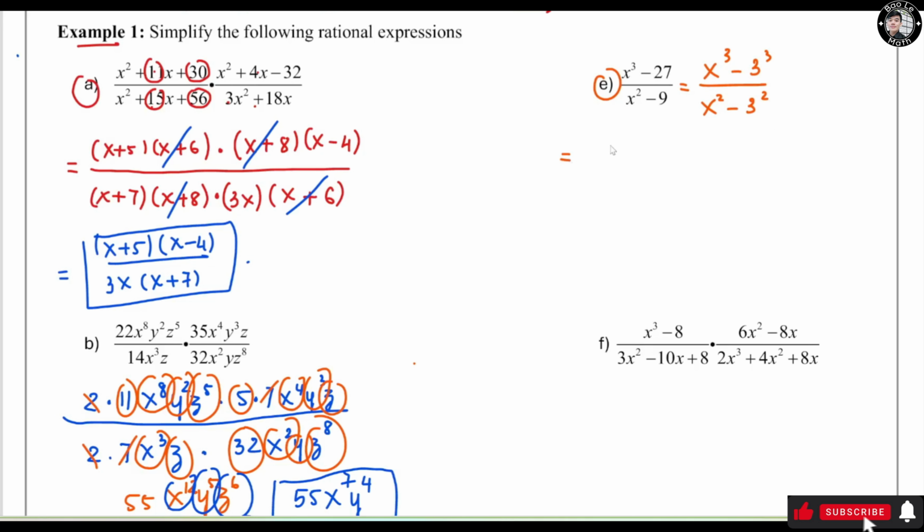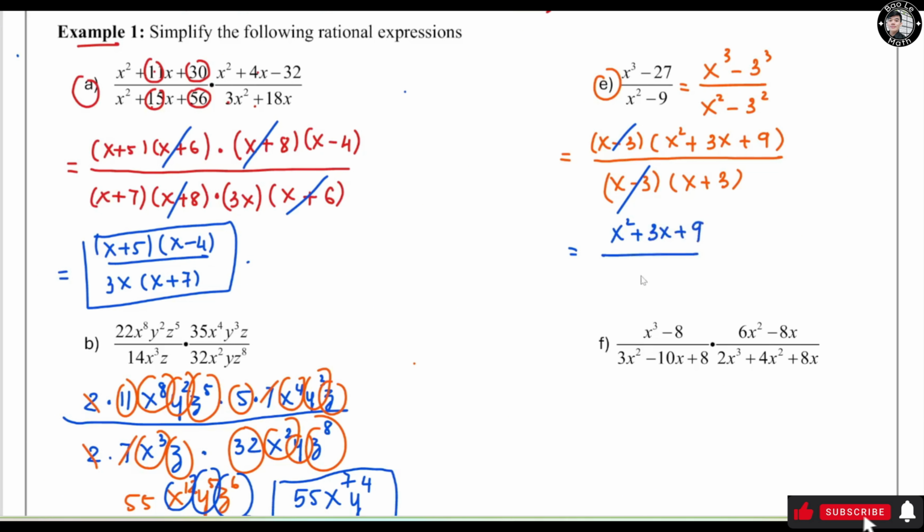So the top becomes s minus 3 times s squared plus 3s plus 9 over s minus 3 times s plus 3, right? Now this guy and this guy cancel out, so we have s squared plus 3s plus 9 over s plus 3. This one is the final answer.